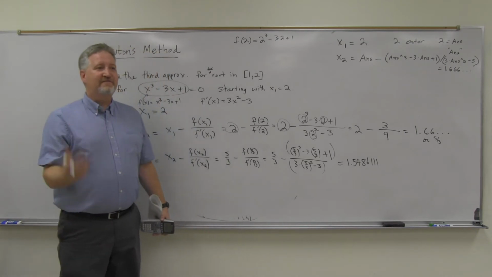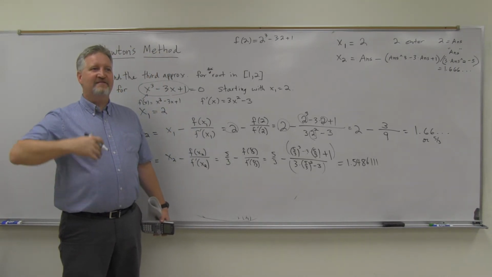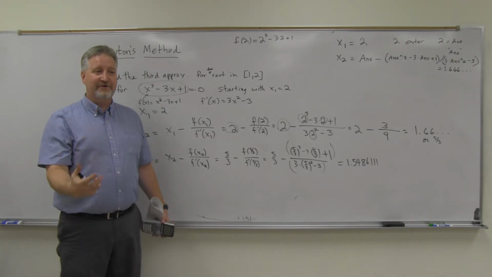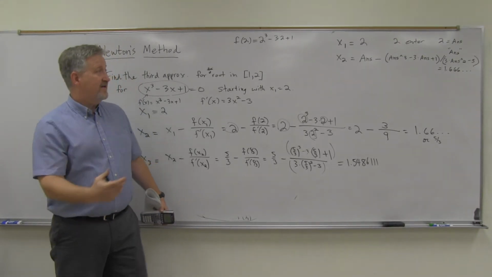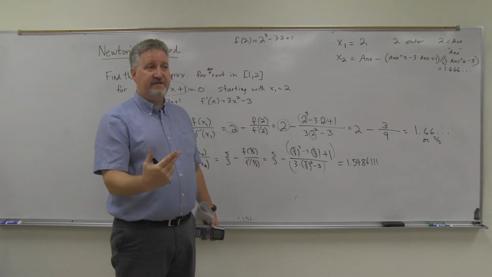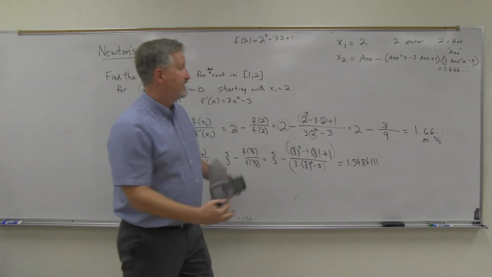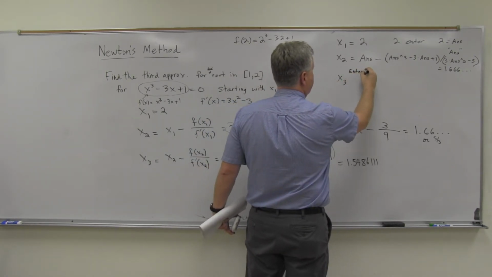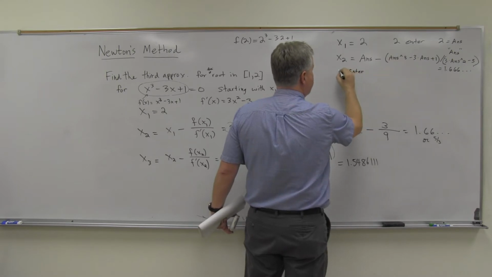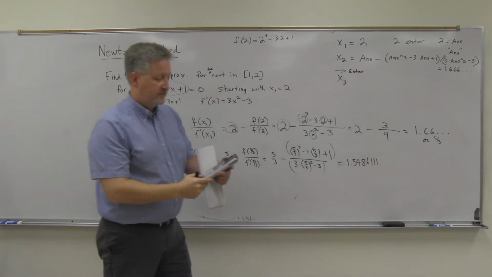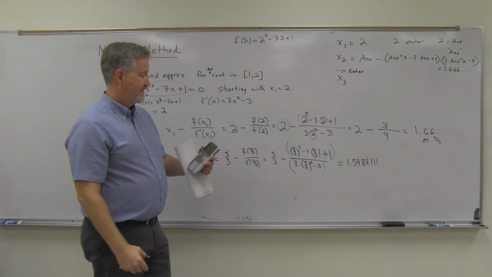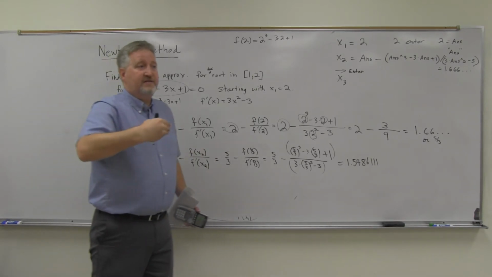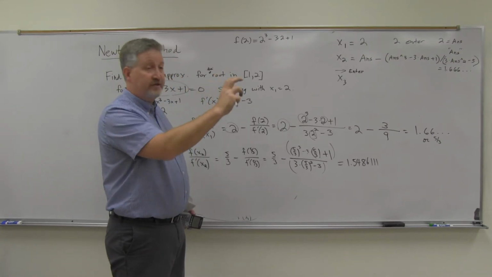Well, the beauty of this then is if I hit enter again, it's going to repeat the previous step on the calculator. After I get all that done, if I hit enter again, guess what I get? I get x3, just by hitting enter again, because it repeats the previous entry.